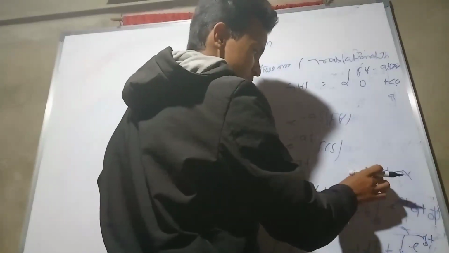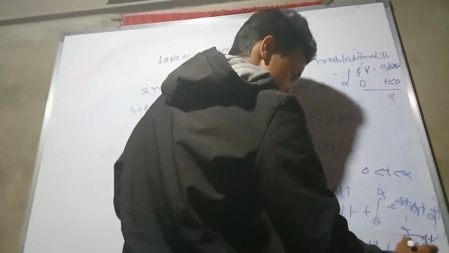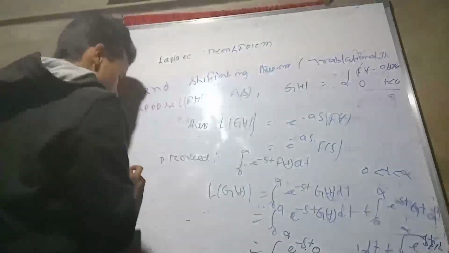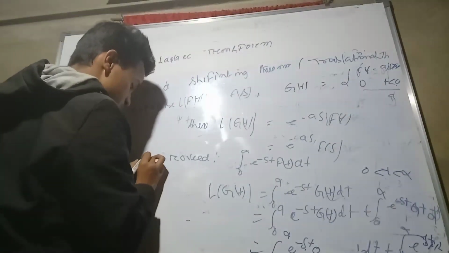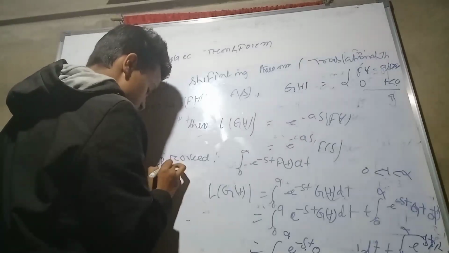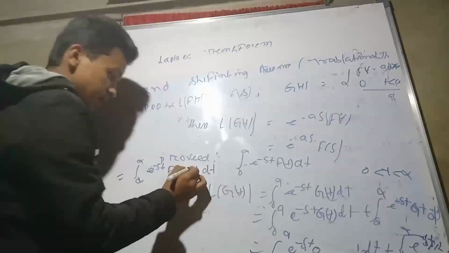Because t lies between 0 and infinity, the first part is 0, and we are left with the integral from a to infinity of e to the power minus s t times f of t minus a dt.